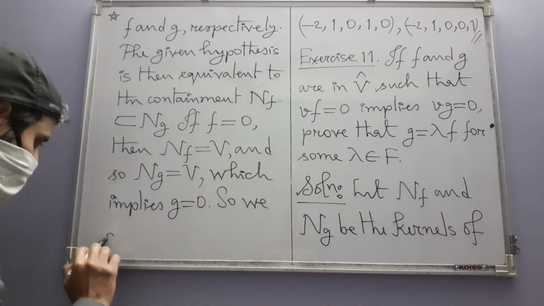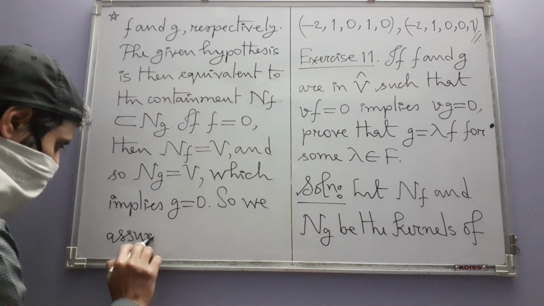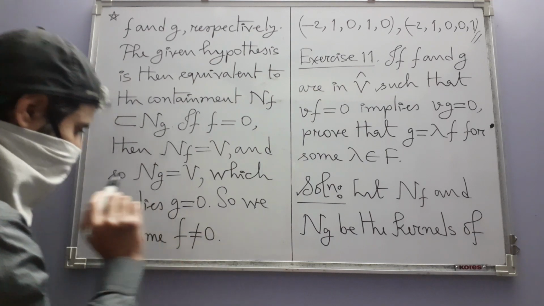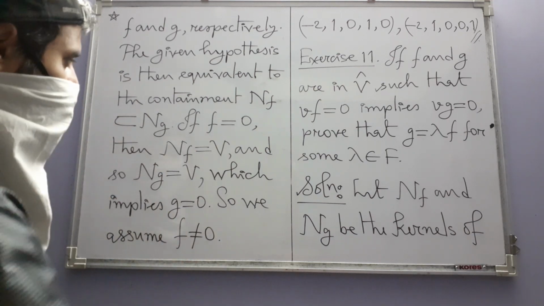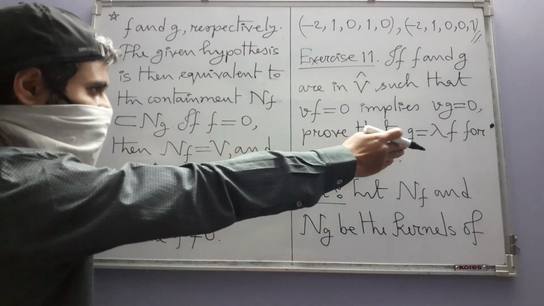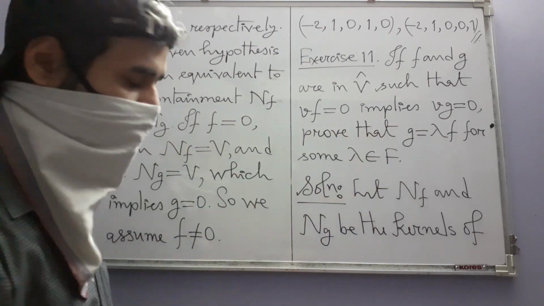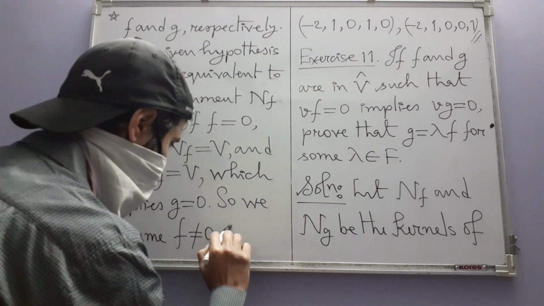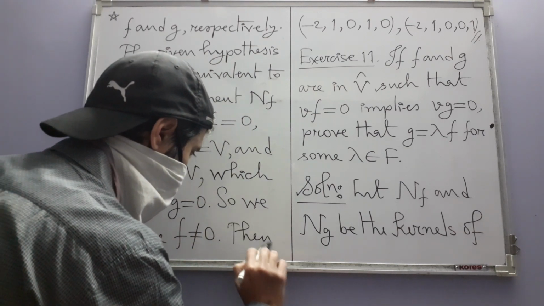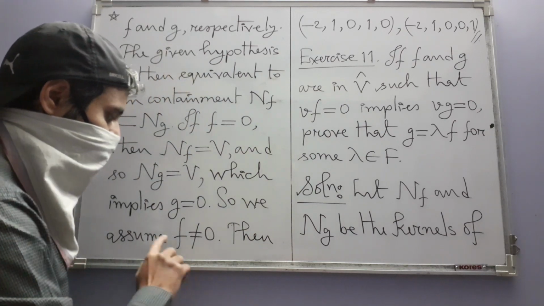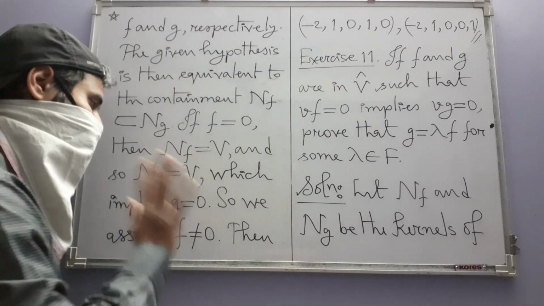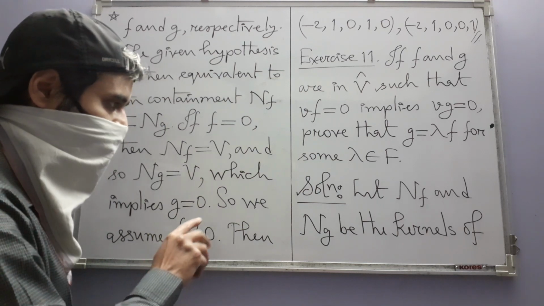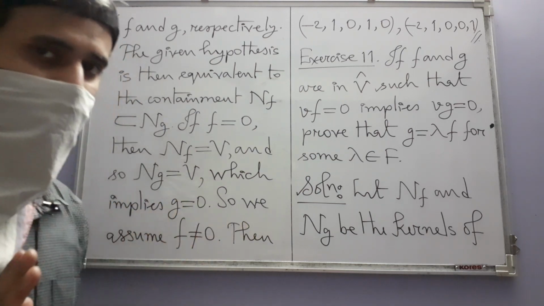So we assume that F is not identically 0. This case is over. In this case, whatever we wanted to show, that is true. Now we assume that F is non-zero. Then F will not make every vector of V vanish. There will be at least one vector whose image under F is going to be a non-zero scalar.